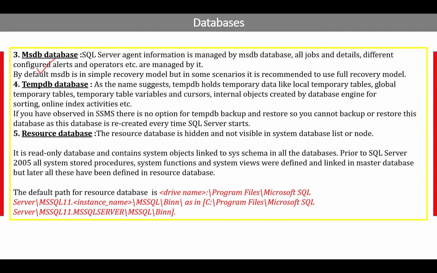Microsoft redesigned the entire code, and introduced a database called the resource database, which is hidden and is the backbone for your master database. Very simply, the resource database is a hidden database which stores all system objects information, and it is the backend for the master database, introduced from SQL Server 2005.